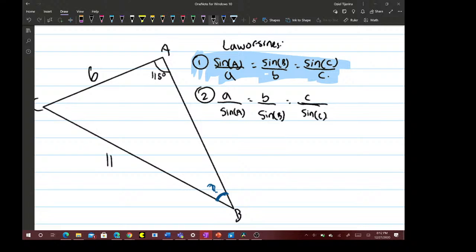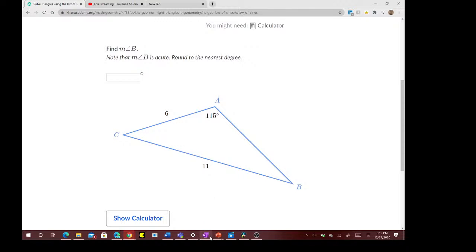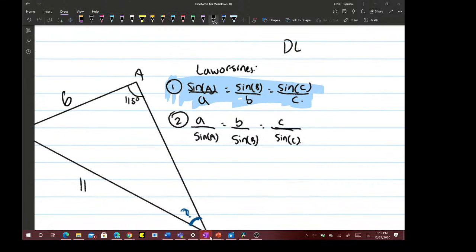So we have to say, and I think they want it in degree mode. Okay, so they want to make sure it's in degree mode.